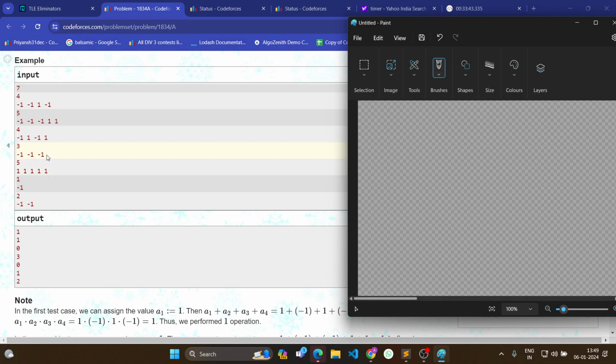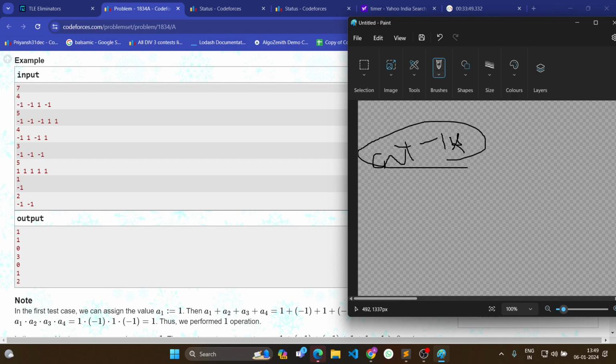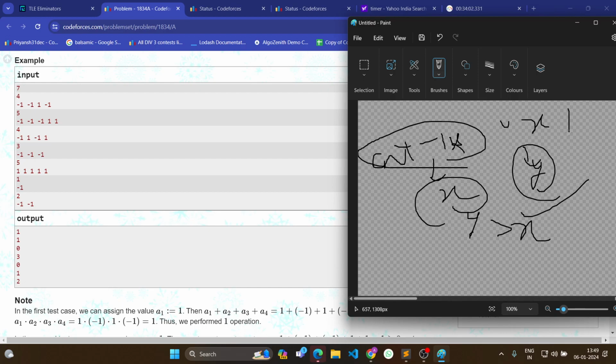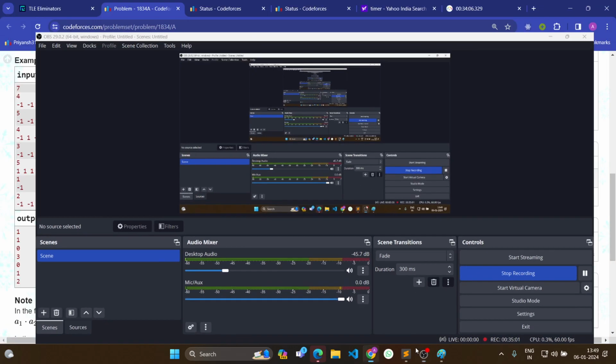The answer is, if I have count of minus ones, let's say x, and then count of ones, y. So the thing is, if y is greater than x, it is true, and x mod 2 is equal to 0, right?